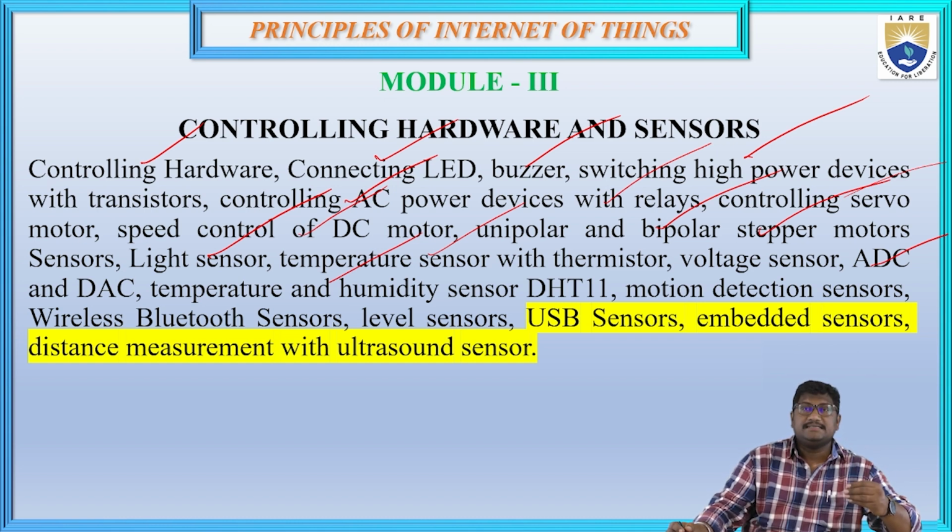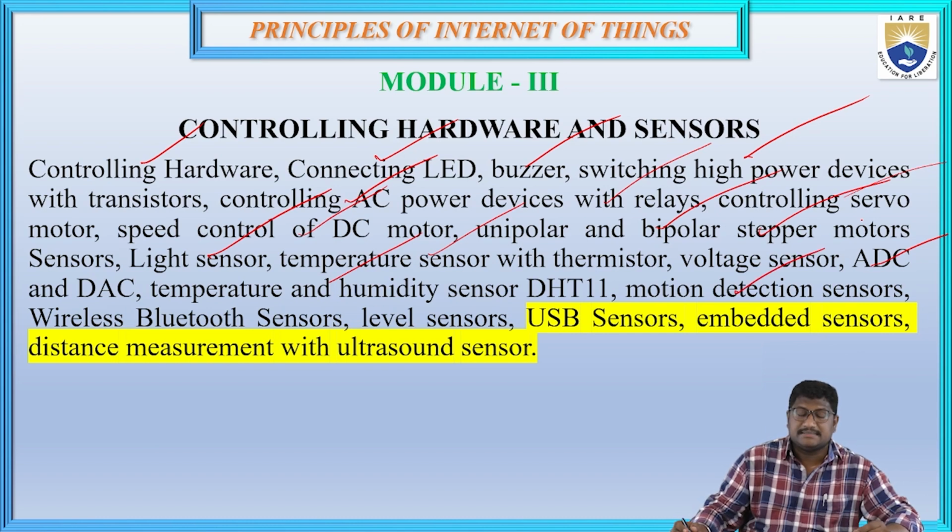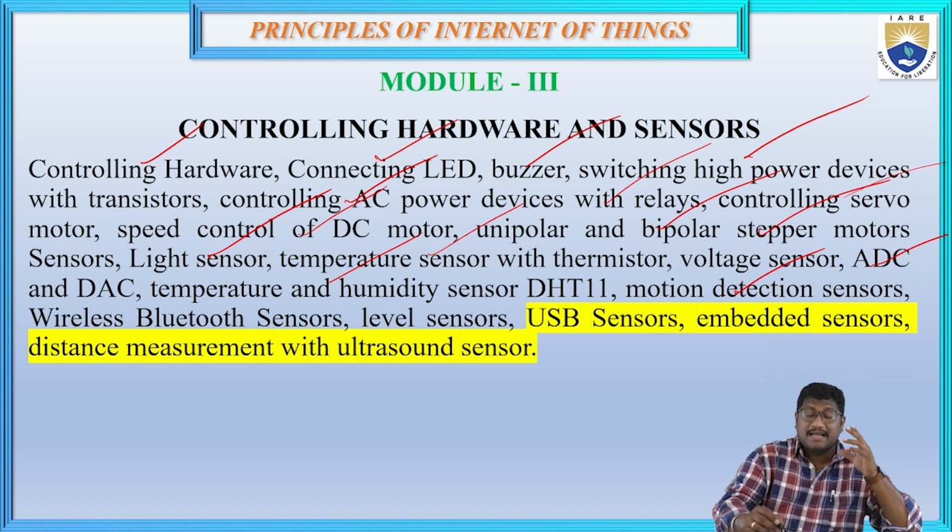Right? Got it, guys? In my previous class, we discussed the motion detection sensor, wireless Bluetooth sensor, as well as the level sensor. Now I'm going to tell you what exactly a USB sensor is, how embedded sensors are used in an IoT system, and how distance measurement is calculated with the help of an ultrasound sensor.